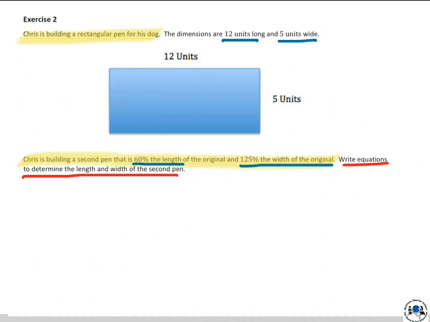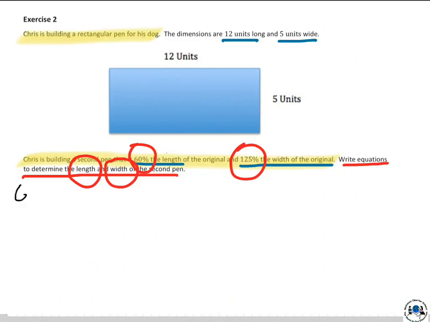All I want you to do right now with this one is write those equations. So I'm going to pause, you pause, and let's have you give this a try. Again, you're going to write equations to determine length and width of the second pen using the scale factors that they have supplied us with. Go ahead, good luck, and come on back to check in.